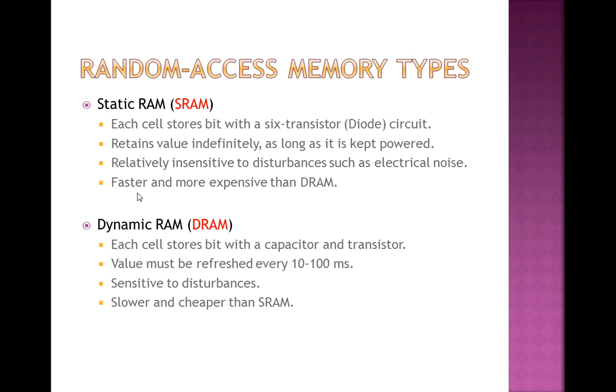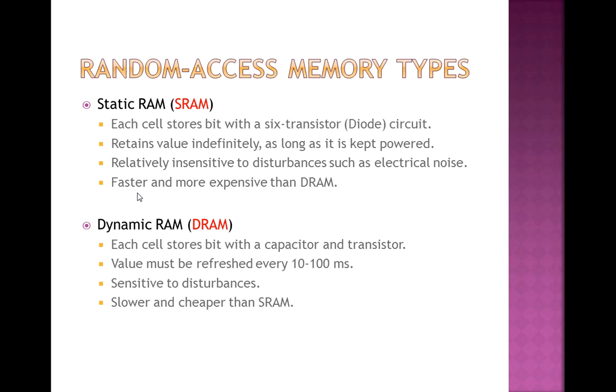Then RAM types: there are two types, one is static RAM, another one is dynamic RAM. Then this is the detailed version of the static RAM. This says each cell stores a bit with a 6 transistor circuit. Then it retains the value indefinitely as long as it is kept powered.